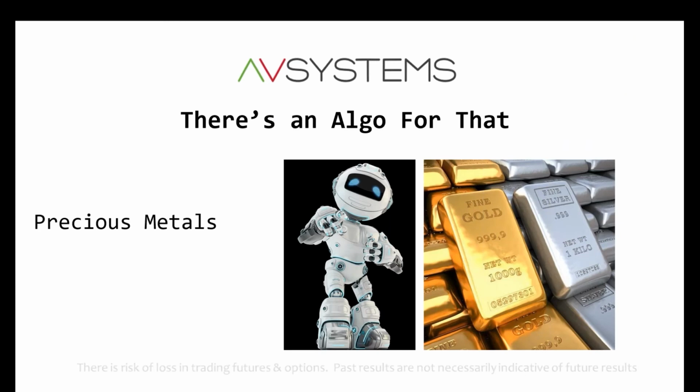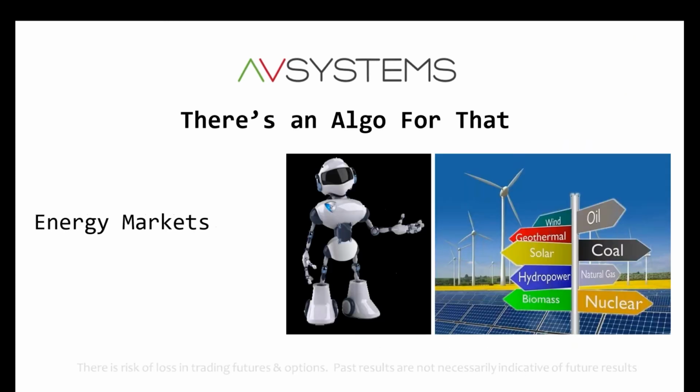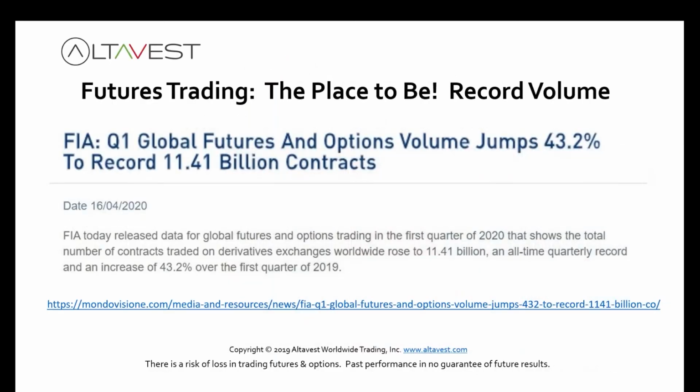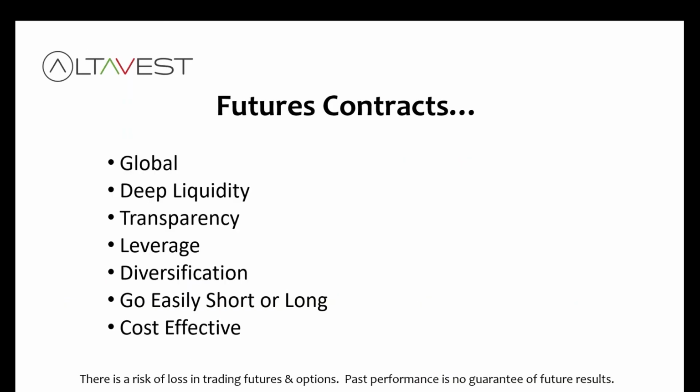So remember, you're looking at algos for metals, for energies, for the stock market indices, for currencies. And let's get into this a little bit about futures. This is where you want to be, folks. Record volume, first quarter, massive amounts of trading going on in the futures markets. The advantage is they're global, liquid, transparent, you've got leverage, diversification, easily long or short.